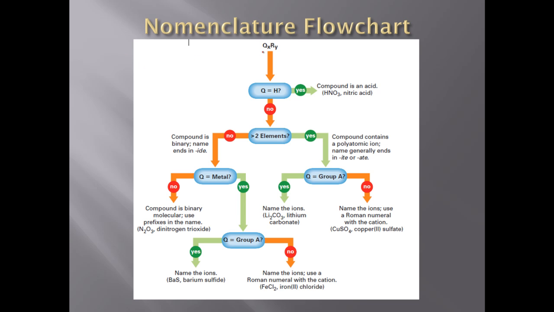We have a basic chemical formula of QXRY, where Q is the first element with a number X, and R is whatever comes after Q with a Y. Let's do a couple of examples. I'll do one that is an acid and one that is a non-acid, and let's follow through the flowchart.